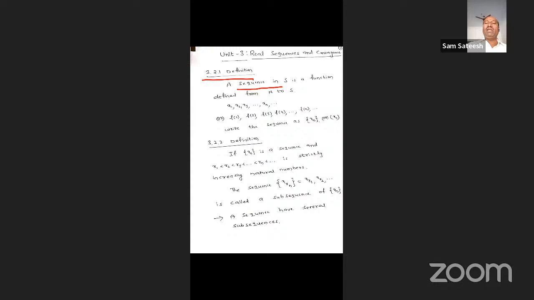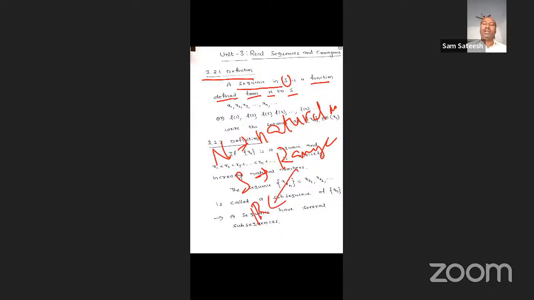A sequence in S means S is a function defined from capital N to S. Capital N means natural numbers. S is the sequence or range of numbers. The range of numbers we take as capital R. So the sequence is defined from N to R.